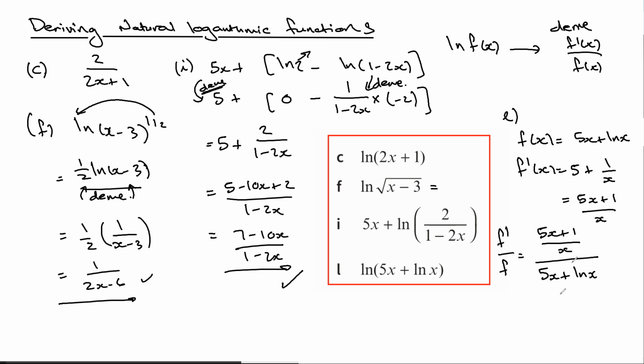And then multiplying out, we end up with (5x plus 1) over x multiplied by (5x plus ln x). That's the function f of x we're dividing by at the bottom, and the derivative is at the top there. So it looks like we can't really simplify it any further than that.